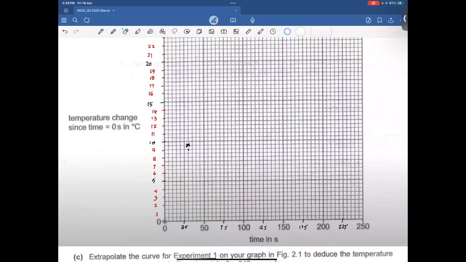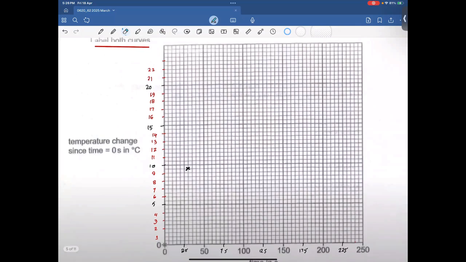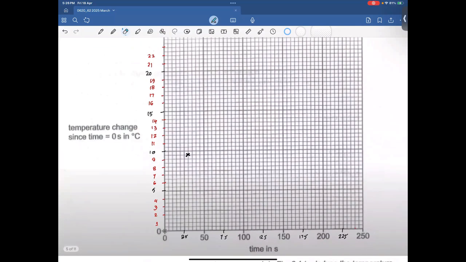Okay. 9.5, 10. Okay. Then we have 14, above 60. 55, 60, 65, 70, 75, 60. At 60, 14.